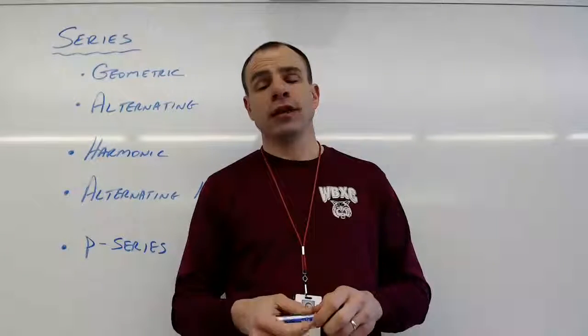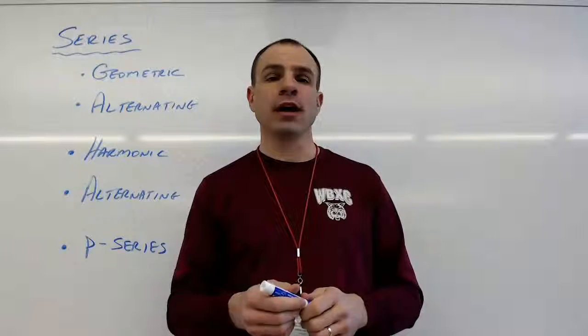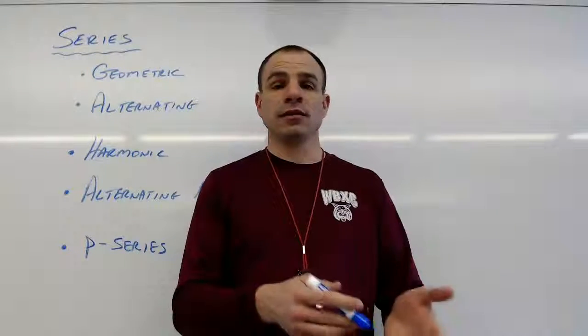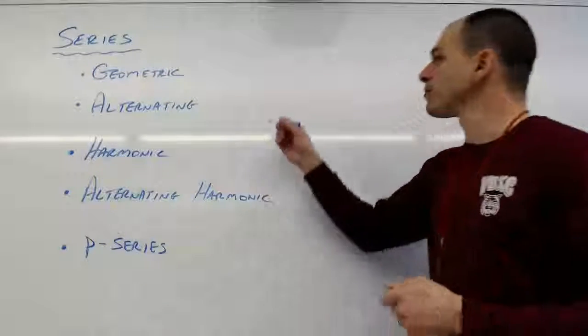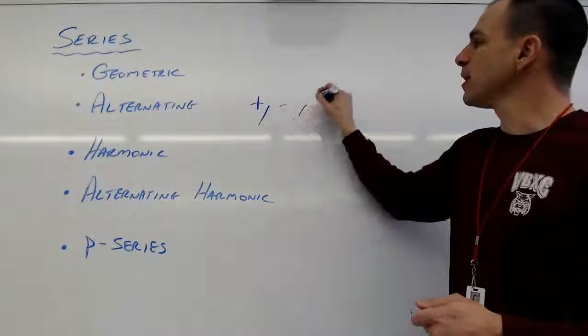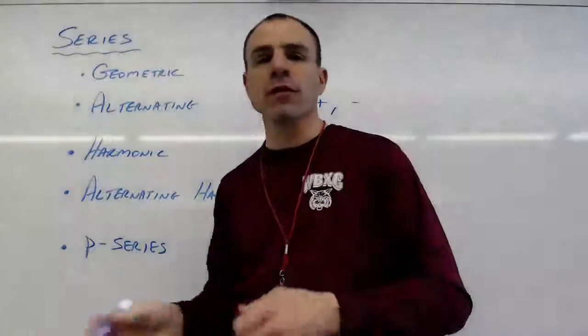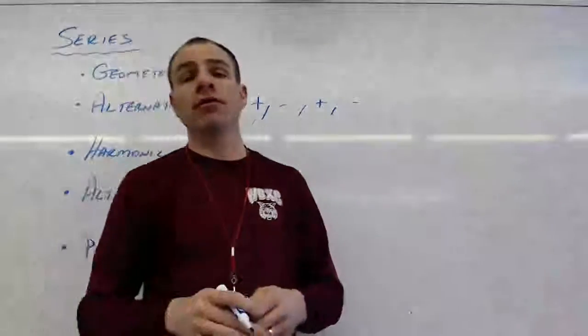We also have alternating series. Alternating series come up a lot as well. Those are series in which the sign of the terms changes. So if the first term is positive, then the second term is negative, and the third term is positive, and the fourth term is negative, and so on and so forth. So the terms of the series are alternating their signs.